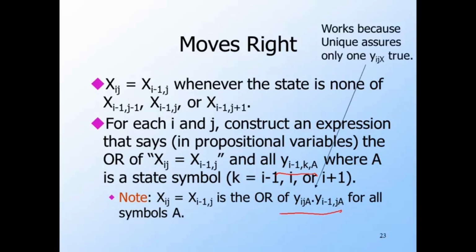The reason that works is that we already have unique to enforce the condition that for only one symbol a can y_ija or y_(i-1)ja be true.